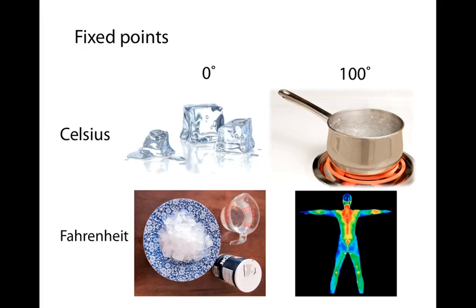He reckoned that was the coldest temperature there is, so he wanted to avoid negative temperatures, so he made that 0. 100 degrees on the Fahrenheit scale was meant to be human body temperature, but perhaps the guy had a bit of a fever at the time, because body temperature is not quite 100 degrees. Close, not quite.